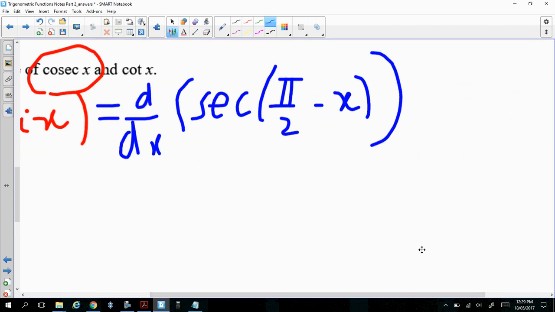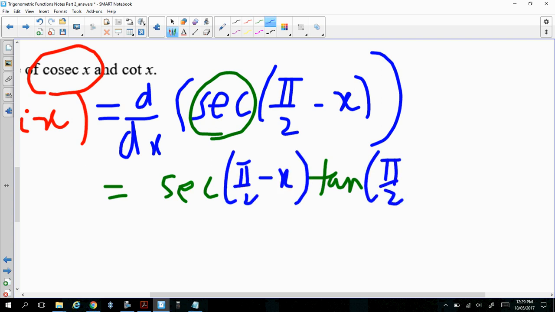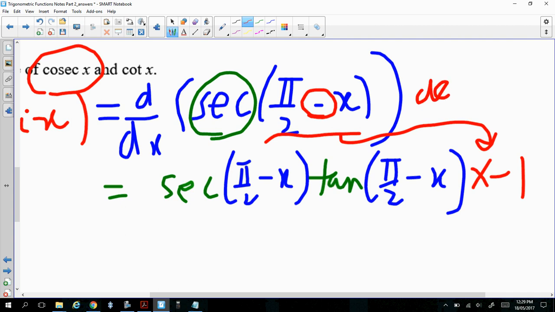It produces 2, but they both must have the same angle. And you can see where the negative comes from, the minus. So it times by the derivative of this. This is the chain rule. Then we can go back: all these are complements, so sec becomes cosec x, tan becomes cot x, and then you got the extra negative outside.